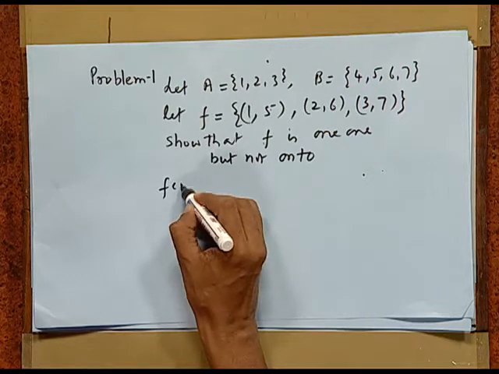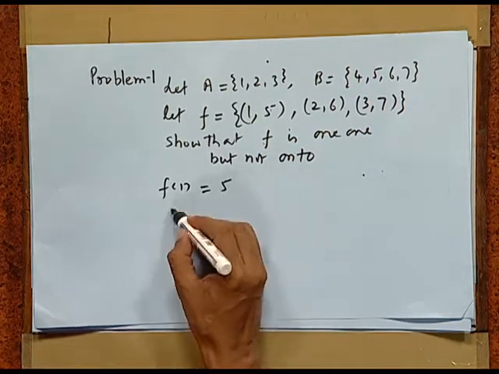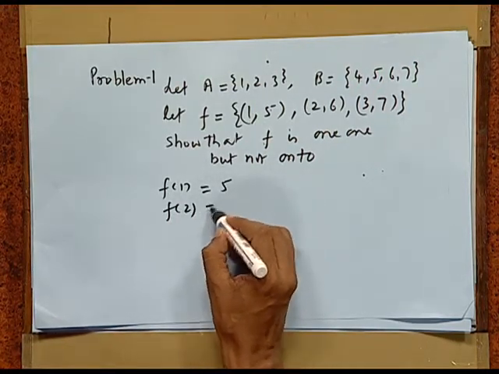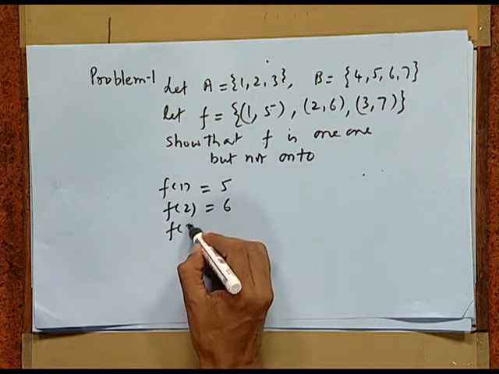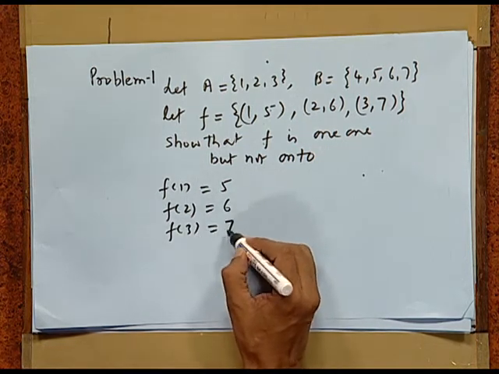Whenever function is given in this form, it only means the first element belongs to domain and second element belongs to codomain. So, we have f(1) is equal to 5, f(2) is equal to 6 and f(3) is equal to 7. So, here we have the complete list of elements and their images.